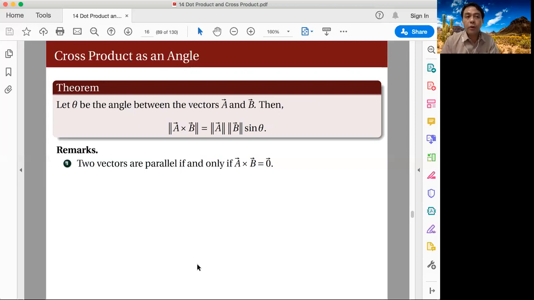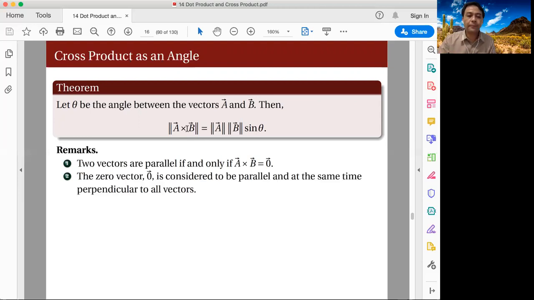The magnitude of a vector is 0 if and only if the vector is the 0 vector. So if your right-hand side here becomes 0 because the two vectors are parallel, then the cross product will also be the 0 vector. So the cross product of parallel vectors is the 0 vector.